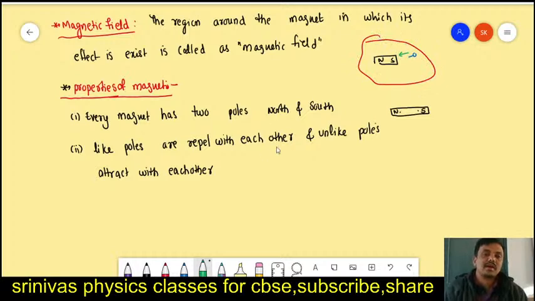The strength of the magnetic field is given by some properties. There is a magnetic field line. What is the magnetic field? The strength of the magnetic field is also called the magnetic field simply. What is a magnetic field line?